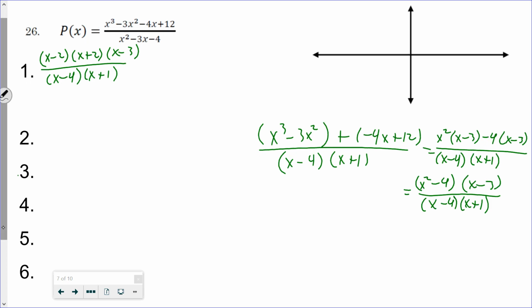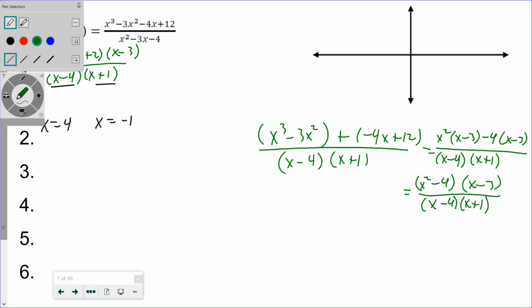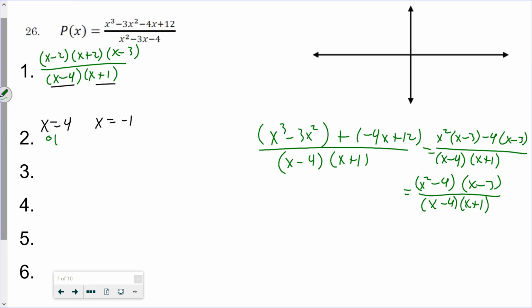So from here, my vertical asymptotes will be 4 and -1 from the bottom. And I need to figure out how the graph behaves around those asymptotes. Since they're both raised to a power of 1, the behavior is that they're going opposite ways.